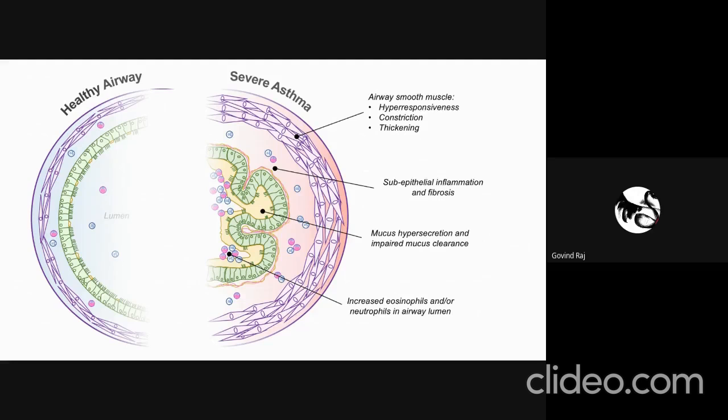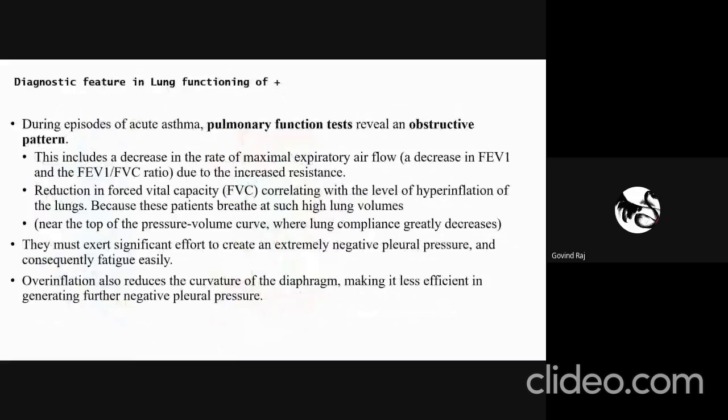In a sense, the whole pathway gets constricted because of all this inflammation, and the airflow will become very slow. During episodes of acute asthma, the pulmonary function test reveals an obstructive pattern. As we said, the airway is obstructed because of the inflammation.